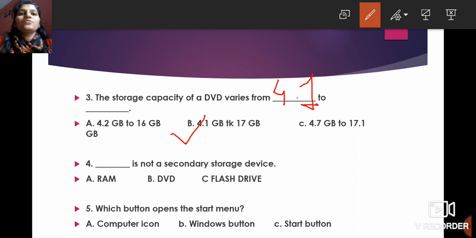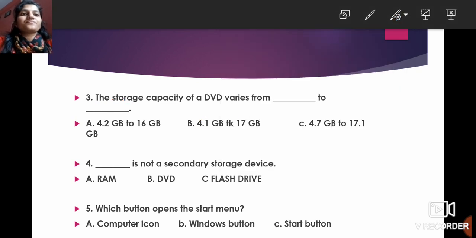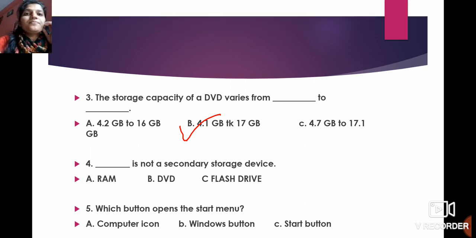So here students, our answer is B, as we all know that DVD can store 4.1 to 17 GB. Okay. Next question. A dash is not a secondary storage device.